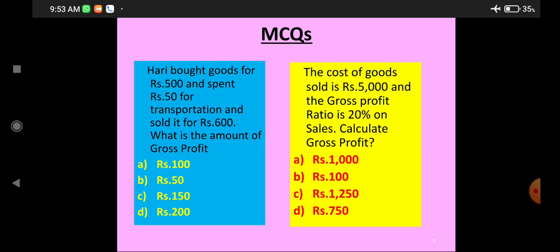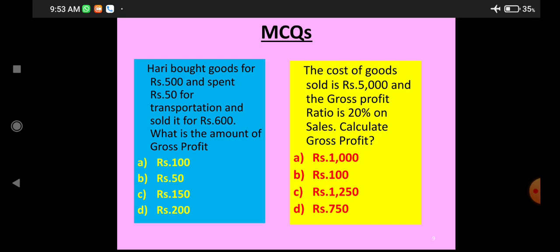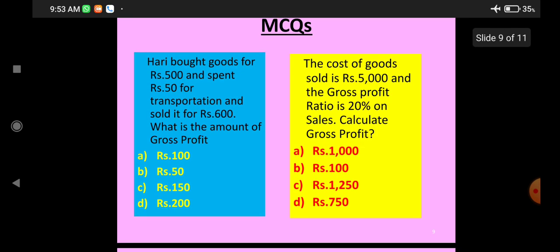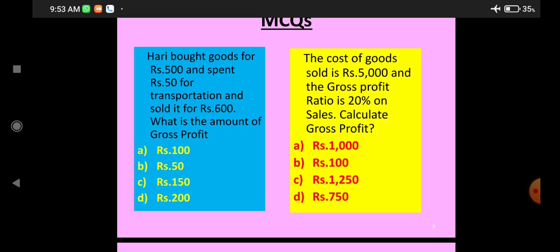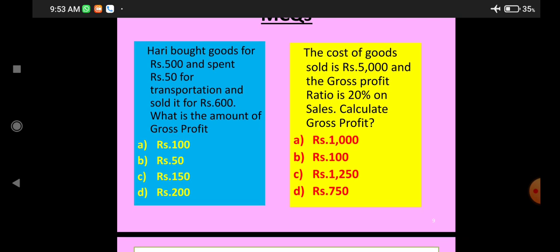Coming to the next question, my dear students. The cost of goods sold is 5000 and the gross profit ratio is 20% on sales. The gross profit ratio is given on sales, but sales is not given. Generally, if the percentage is given on sales, then we can convert it to a percentage on cost of goods sold.